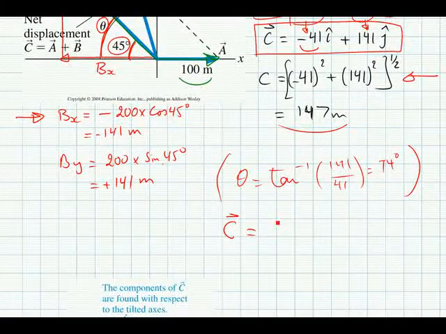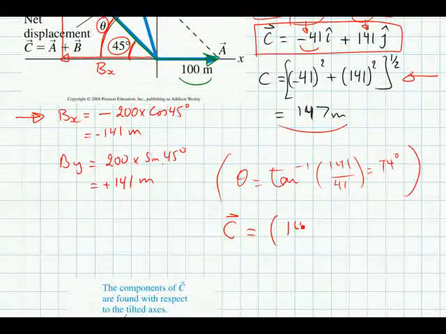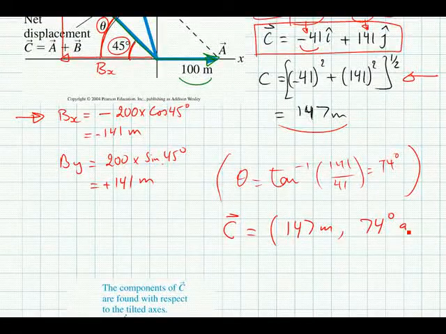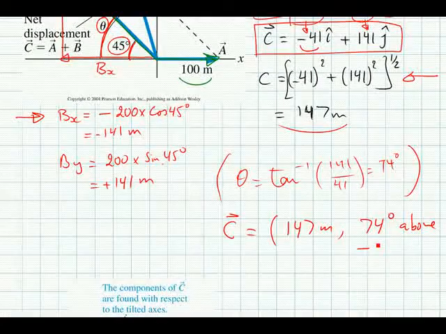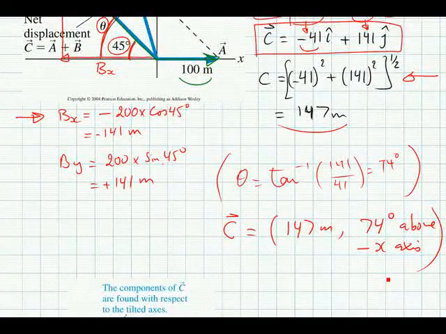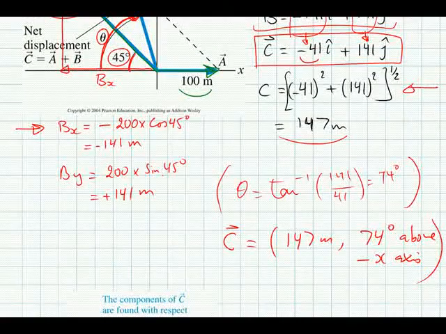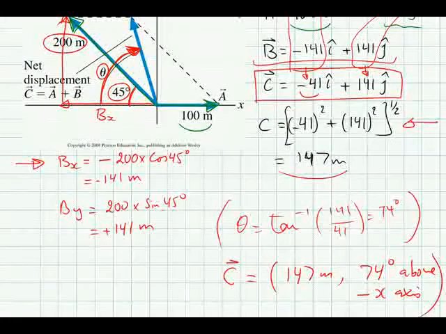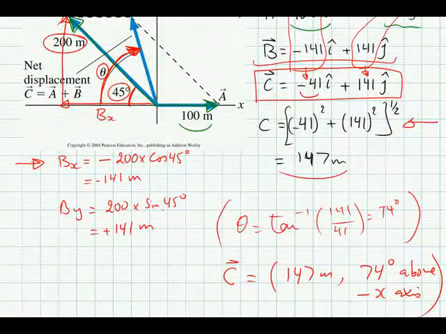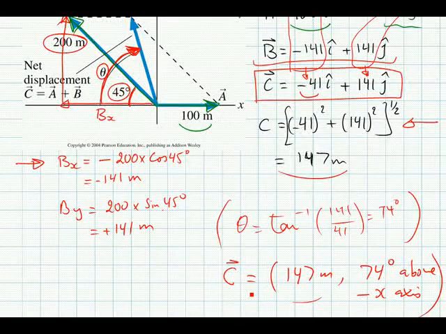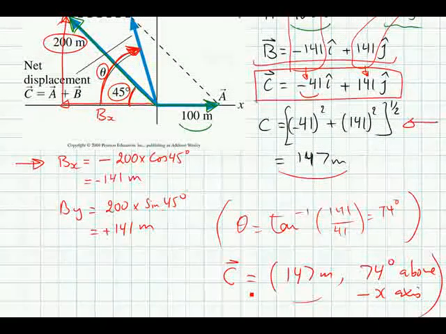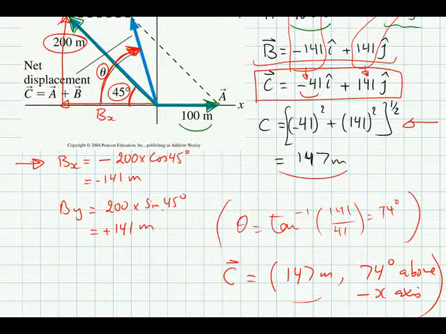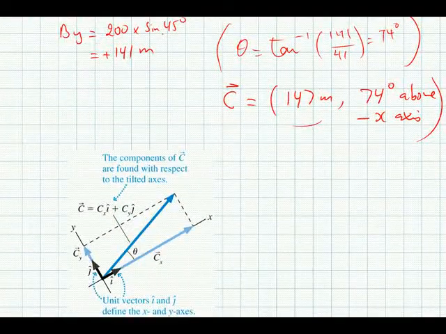So our vector c is 147 meters long and makes an angle of 74 degrees above negative x-axis. Okay, so that's how we define our vector c fully. So yes, you can show a vector either in component form or as its magnitude and direction. Whatever the problem asks for, please pay attention to define the vector in those terms. There are more than one way of defining vectors.